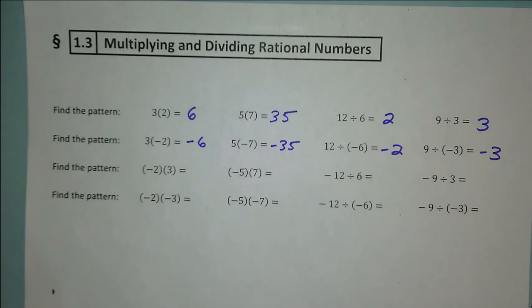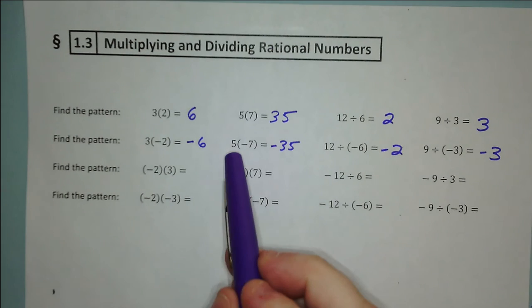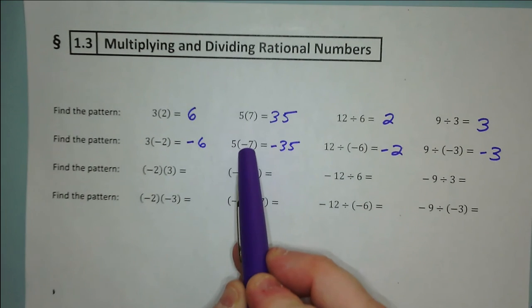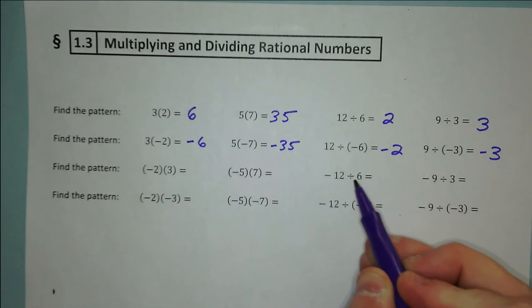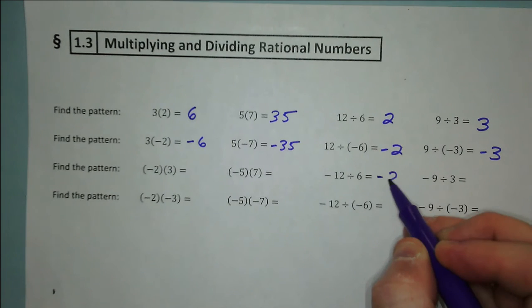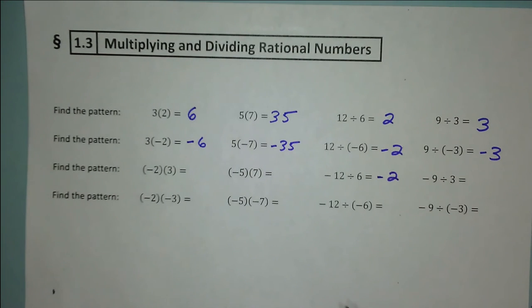Because, spoiler alert, I'm saying this a little early in these notes, but if you're multiplying or dividing two numbers and they have different signs, like a positive times a negative, or here a negative divided by a positive, the final answer is going to be negative.